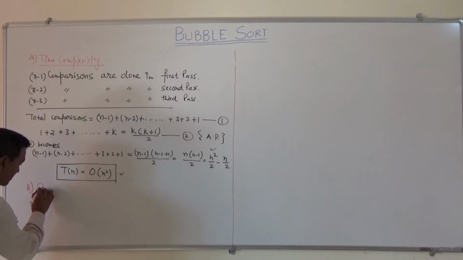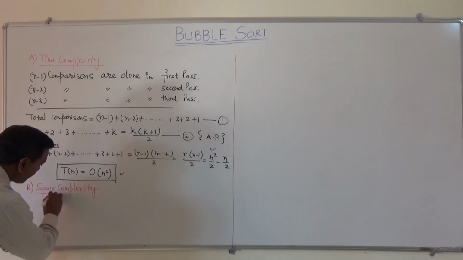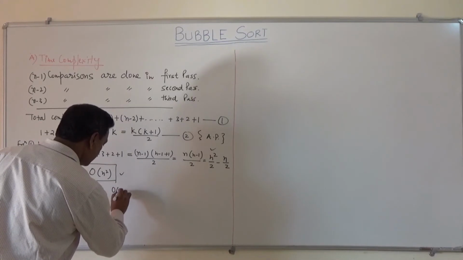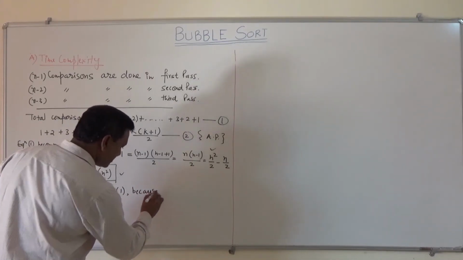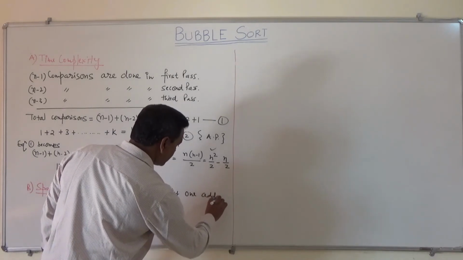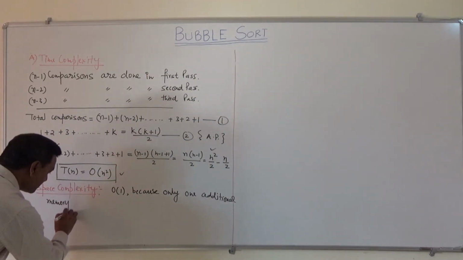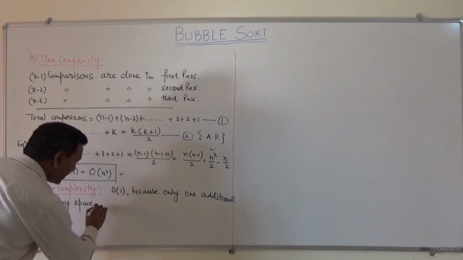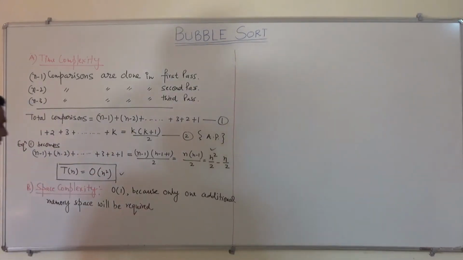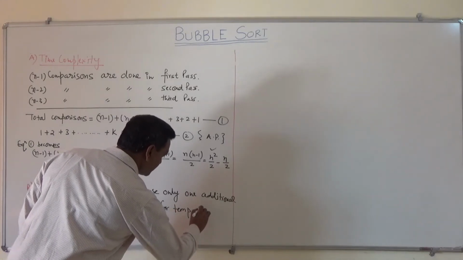Space complexity will be order of 1, because only one additional memory space will be required for the temp variable.